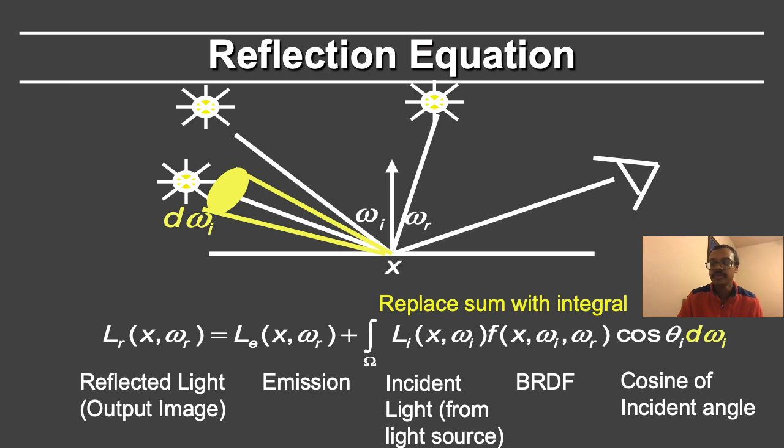Let me review the reflection equation. The reflected light, or the output image, is a sum of the emission from the light sources. In most cases, the emission term will be 0 unless you're at the light source. We then add in the integral of the incident light from the light source times the BRDF times the cosine of the incident angle.